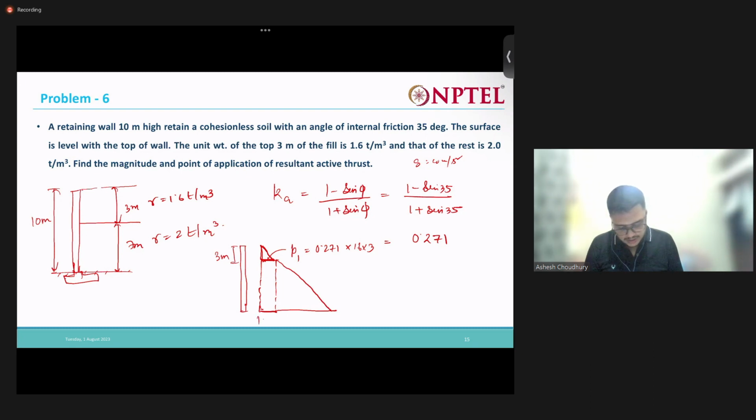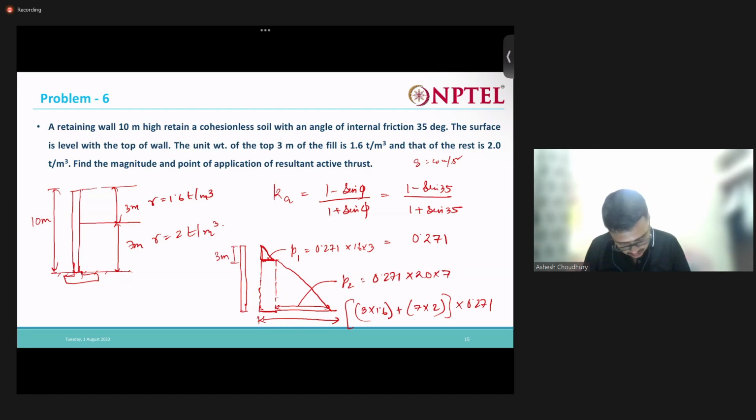What will this be? Nothing but 3 into 16 plus 7 into 20, into 0.271, right? And what is just this part? This part is nothing but 0.271 into 20 into 7.